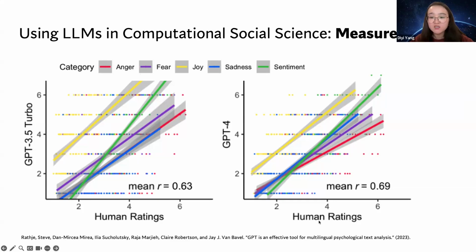The human ratings are probably the average of several different annotators, and the correlation here is above 0.6. This is a Pearson correlation, so as you can imagine, it is already a very strong measurement.